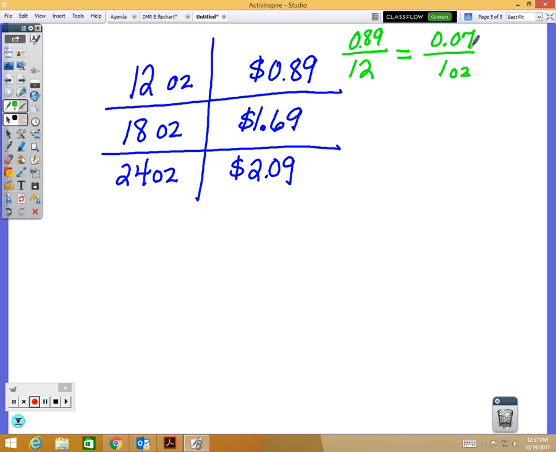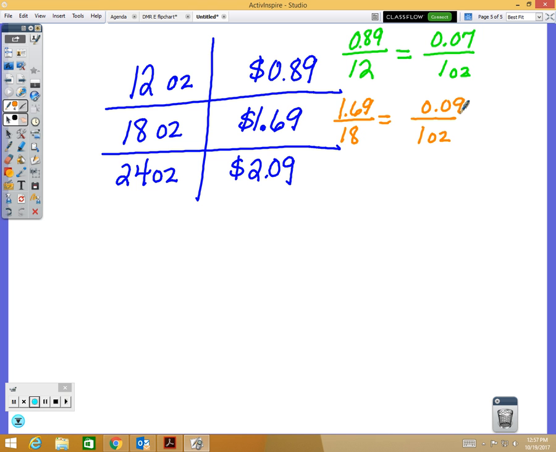Yes? Now sometimes you might need to round to the nearest penny because we know when we have money we can't have anything smaller than 2 decimal places. Okay, so sometimes you have to round. Keep that in mind. It's going to be okay. All right, in the second size, we're taking $1.69 divided by 18 ounces. So how much is it per ounce? .09, good.